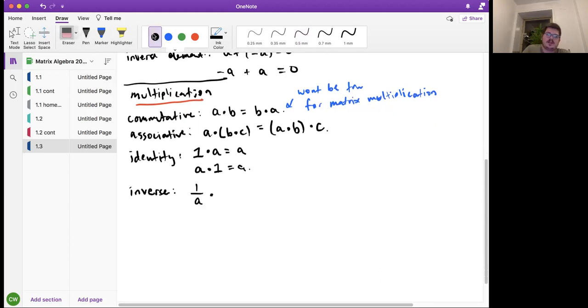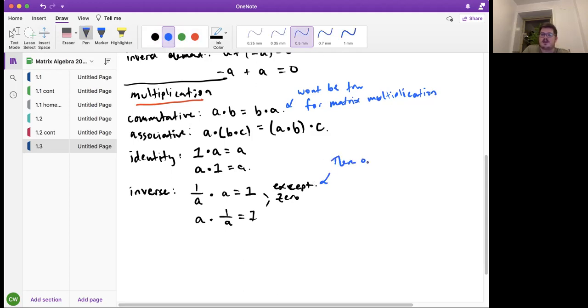Is there a number that doesn't have an inverse? Yeah, 0 does not have an inverse. Now, just a little spoiler also, there are many matrices with no inverse.